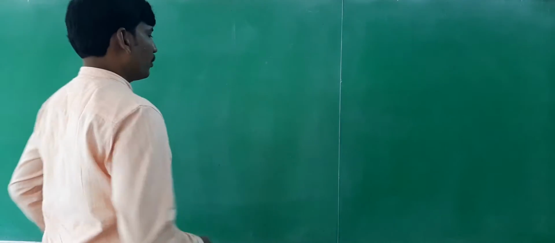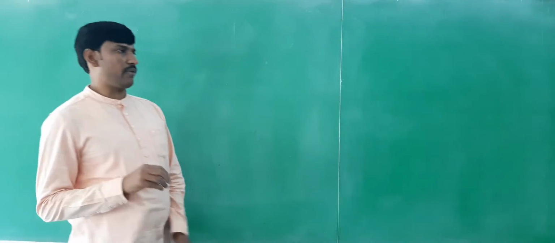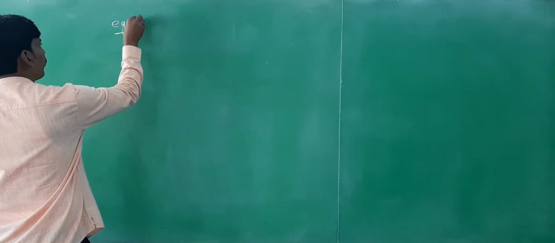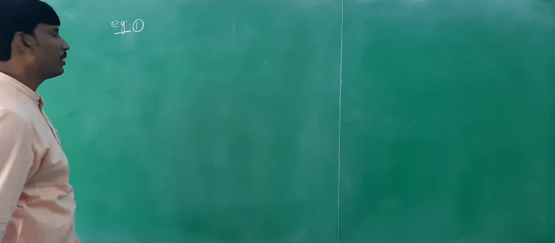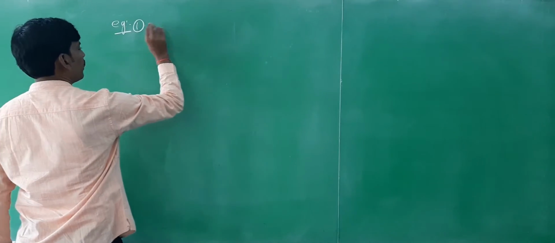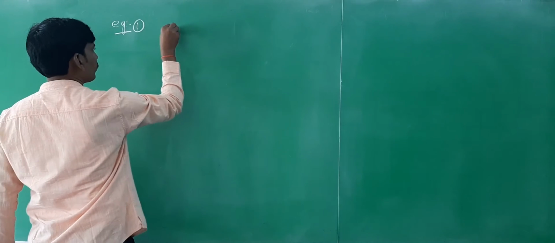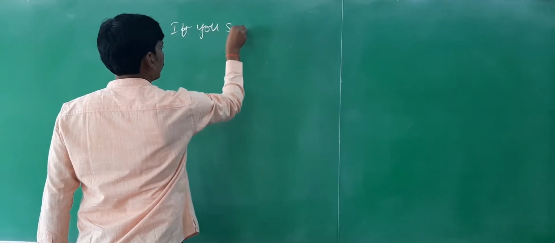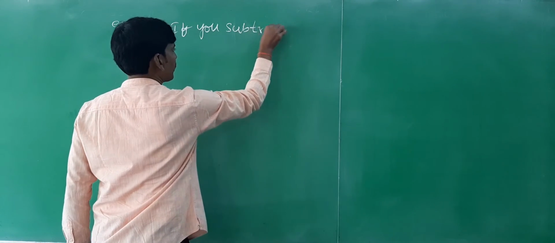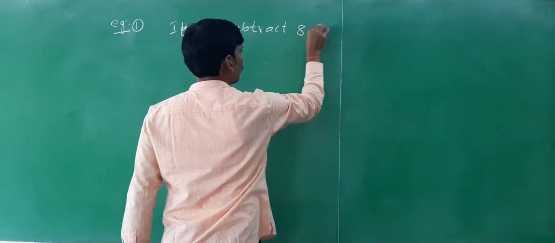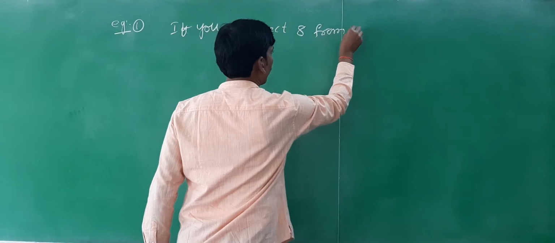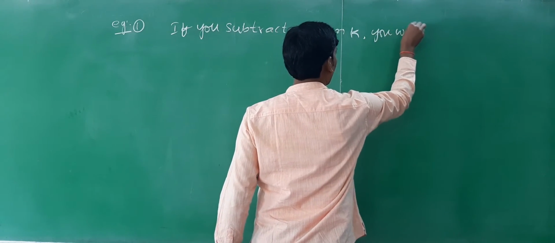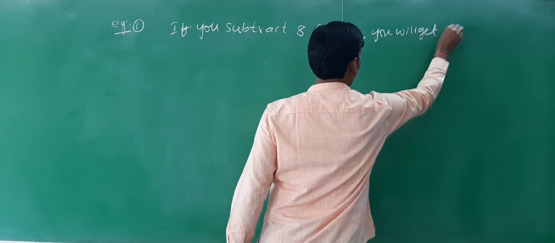Let us discuss more examples to understand in a better way. So example 1. How an equation will form, that we are going to discuss now. So children, see, if you subtract 8 from k, you will get 12.